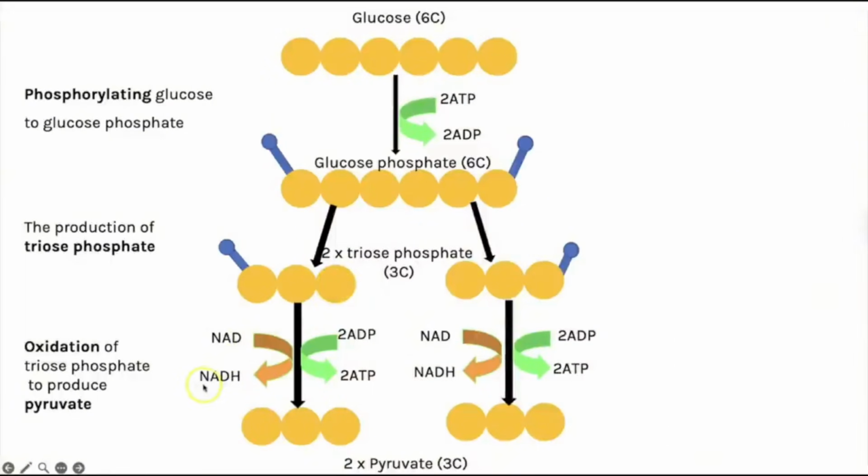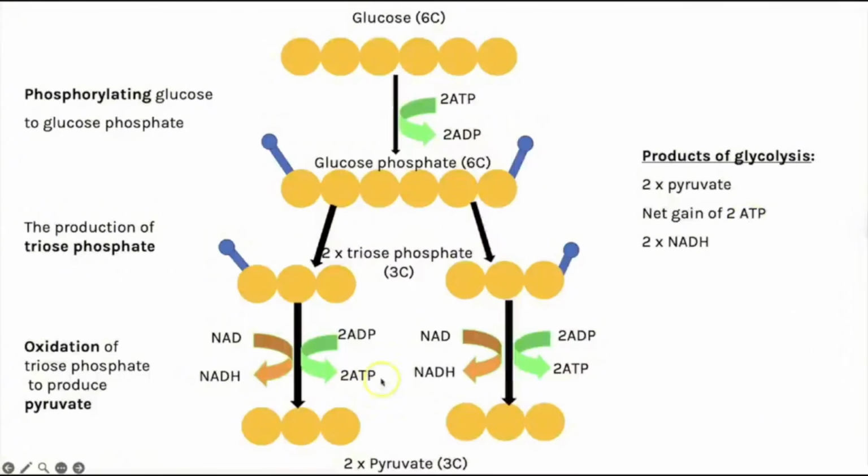And the NAD has been reduced because it gained that electron in the hydrogen. So you can call that NADH or reduced NAD. Now this oxidation reaction also produces 2 molecules of ATP. So this means from 1 glucose molecule, we get 2 pyruvates, 2 reduced NAD, and a net gain of 2 ATP molecules.